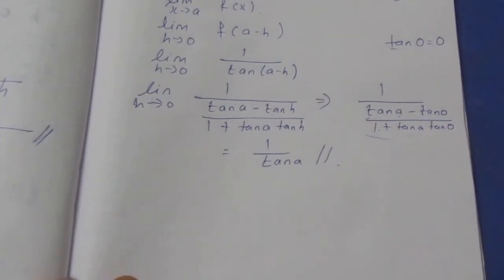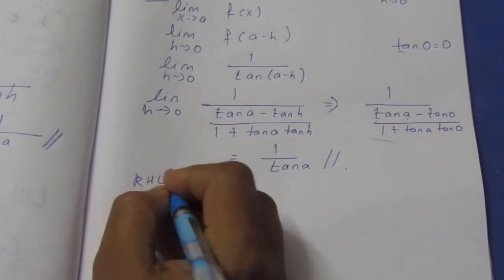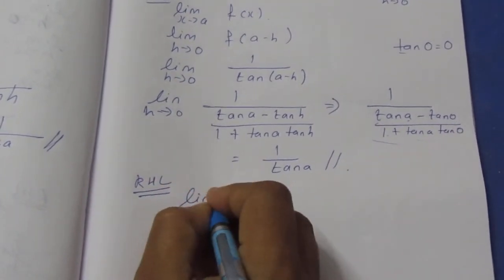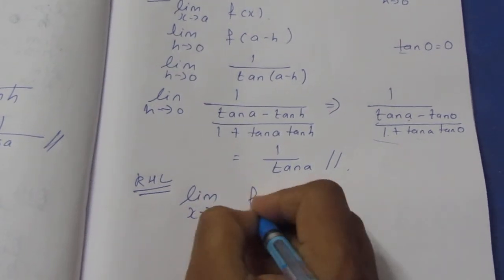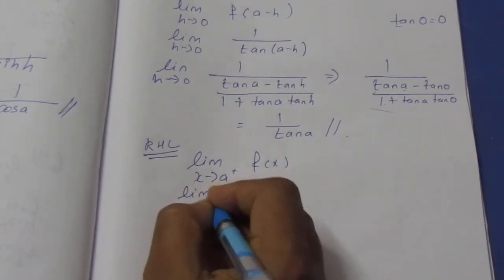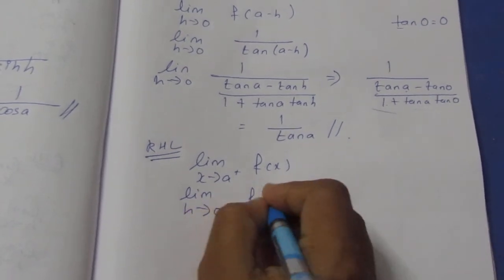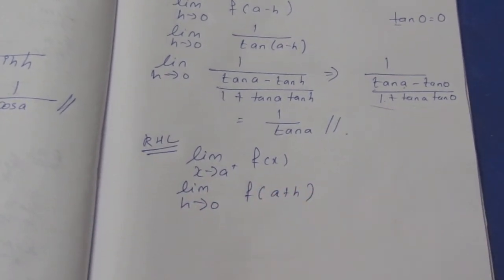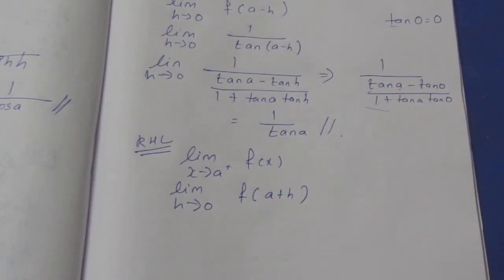Now we'll move on to the next, RHL. RHL is limit x tends to a plus f of x. Here limit h tends to 0, f of a plus h. On the right hand side, when h tends to 0 it is a plus h.